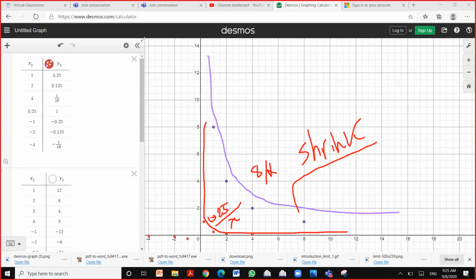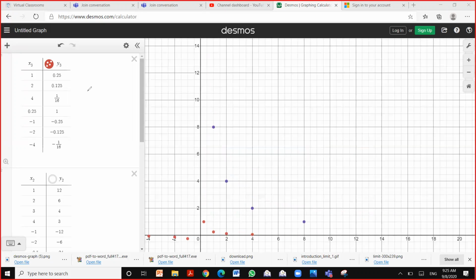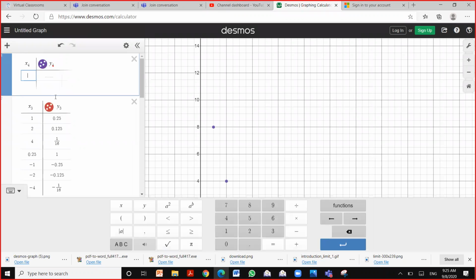What about now, if the function is, as an example, negative 8 over x. Thank you so much.